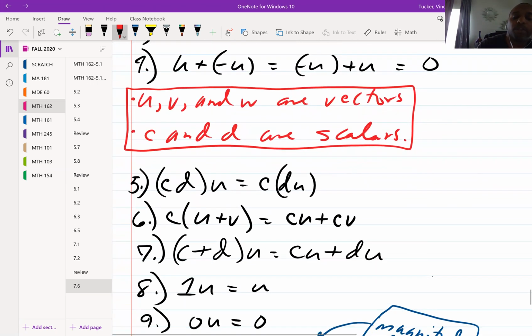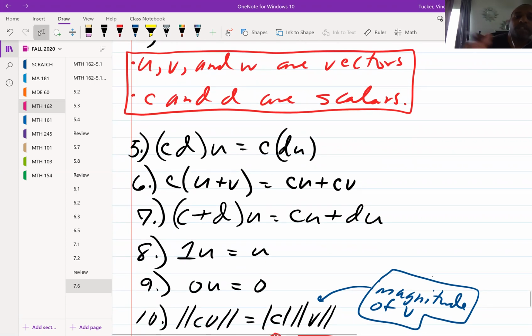After that, we're talking about your scalar multiplication. c and d are scalars, just regular numbers. c times d times u is the same thing as c times d times u, you see the parentheses switch and what's being associated first.